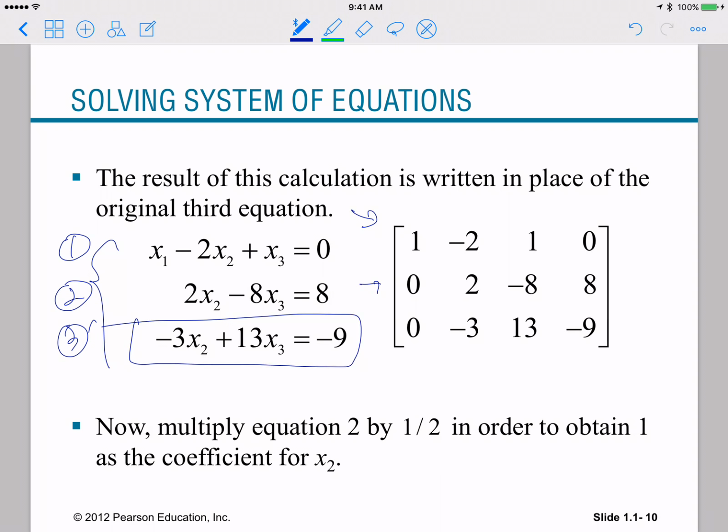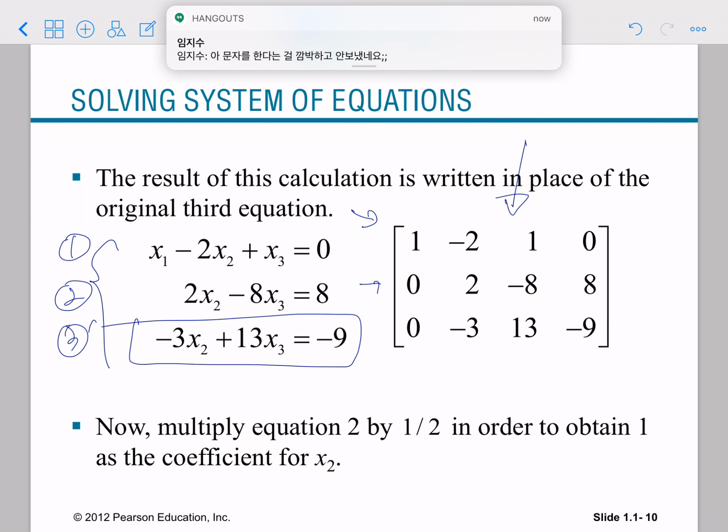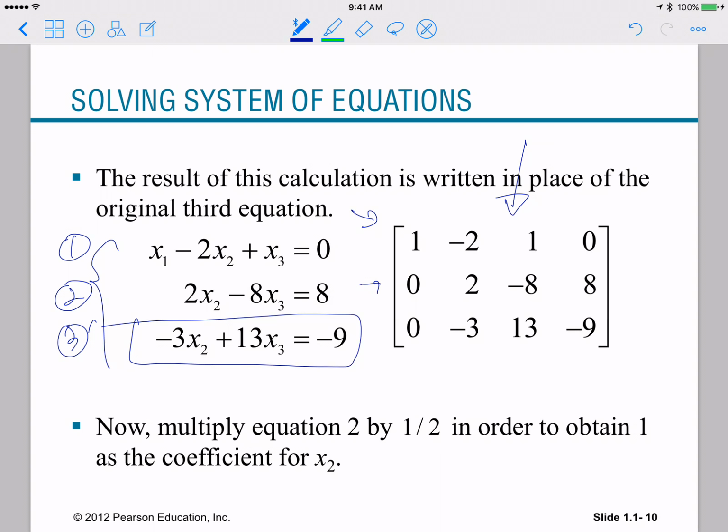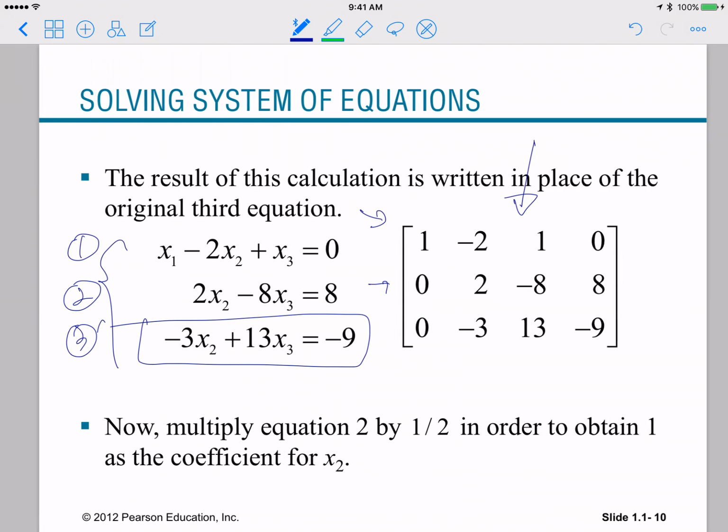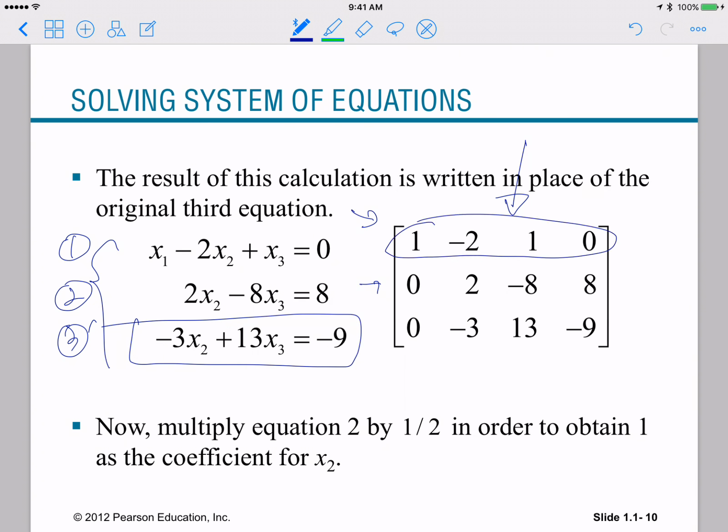Then following this matrix notation, we can see that this kind of operation of multiplying the first equation by 4 and then adding it to equation 3 can also be thought of as follows.